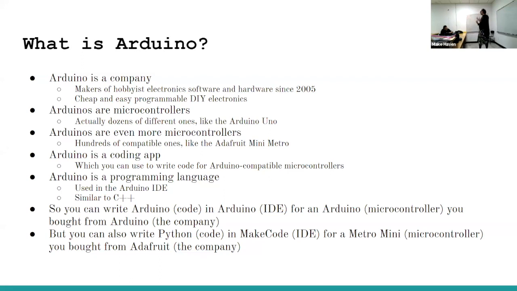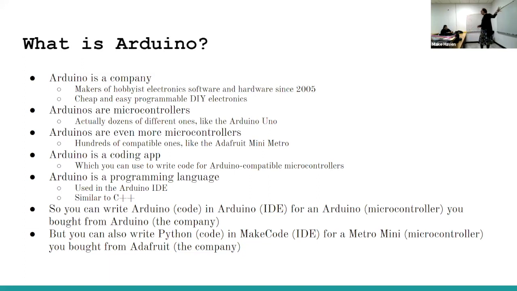It's usually obvious from the context whether somebody's talking about the company, the piece of hardware, or the app that they're working in, but it can get confusing. And because other companies got in on this and they have their own brands, you could also be writing, for example, Python-based code in Microsoft MakeCode's IDE for a Metro Mini microcontroller, which is something that you bought from Adafruit, because that's one of the companies that makes Arduino compatible things.